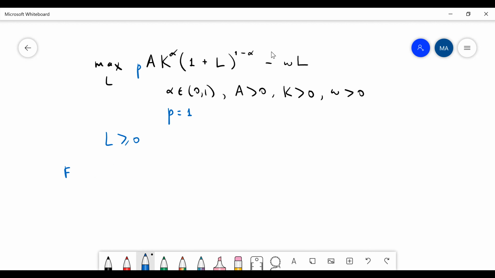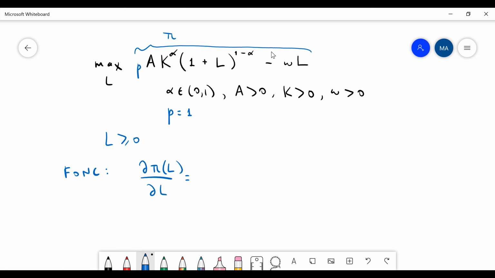So the first order necessary condition will be given only in terms of the choice variable. If you define this as the profit of the master, this profit is a function of labor.